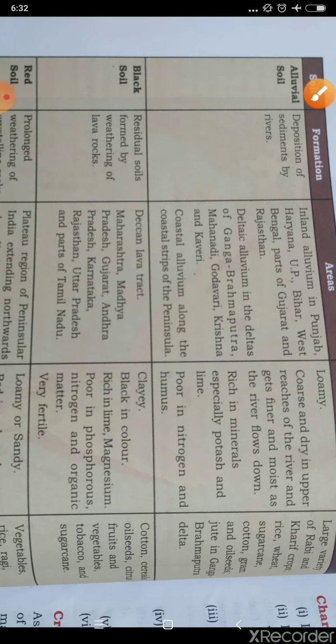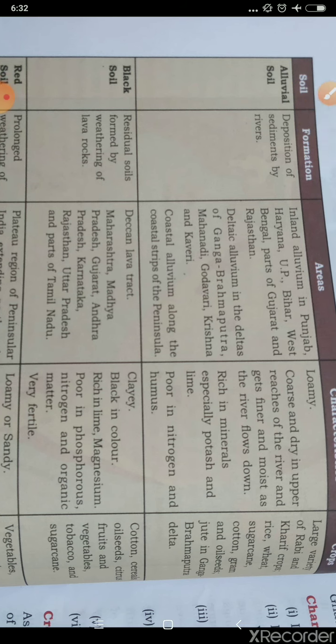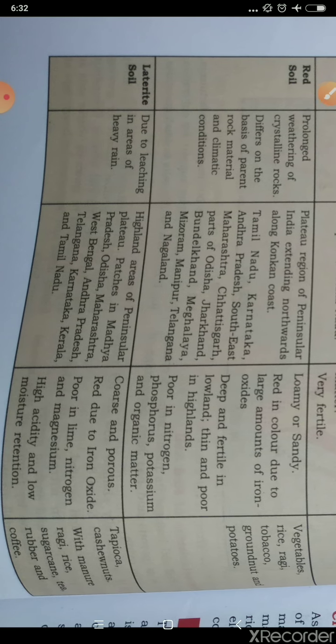Now, here alluvial soil is shown, formation is shown, areas are shown, then characteristics, crops are shown. I have already read all this for you, but in short, they are giving all this. So this becomes a very, very important table, and your vivas can ask questions from it. If you have time, you can draw it in your notebook also. It is one of the important portions of this chapter.